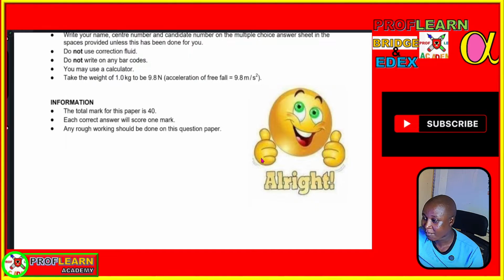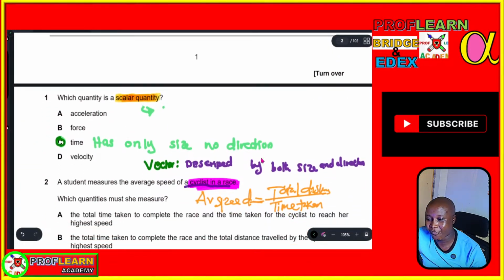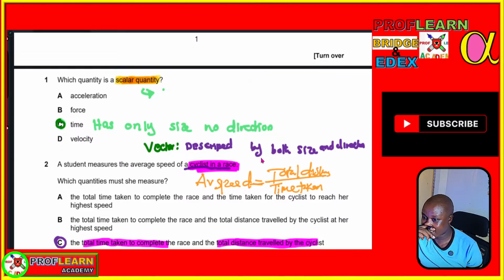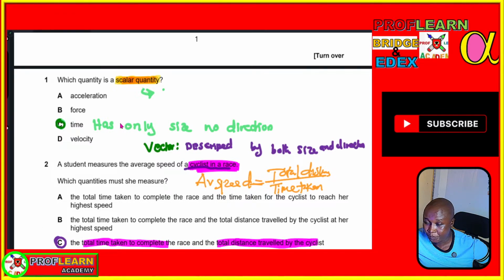All right, so the first concept you need to know is the difference between vector quantities and scalar quantities. Scalar quantities are those which are described by only size, but no direction.